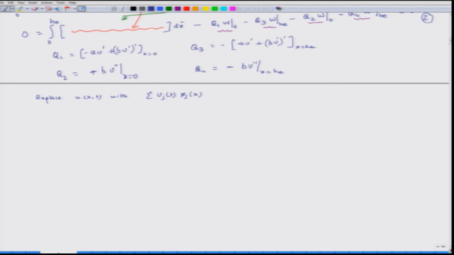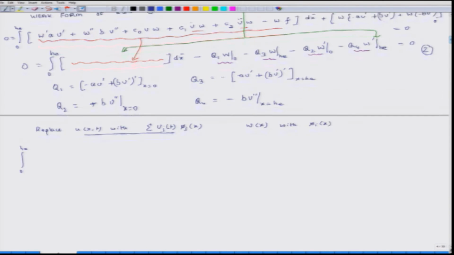This is one substitution we will do, and the other thing we will do is we will replace w, which depends only on x, with phi I, which is a function of x. So, I am going to rewrite my equations again.